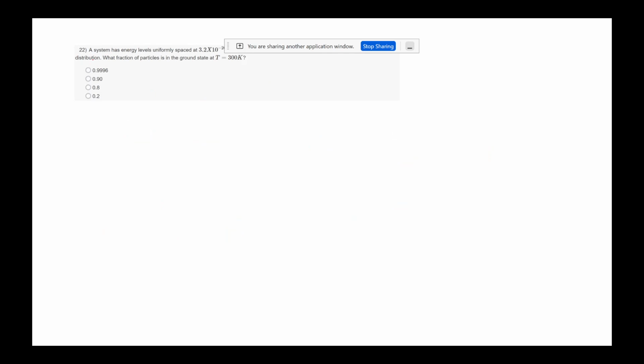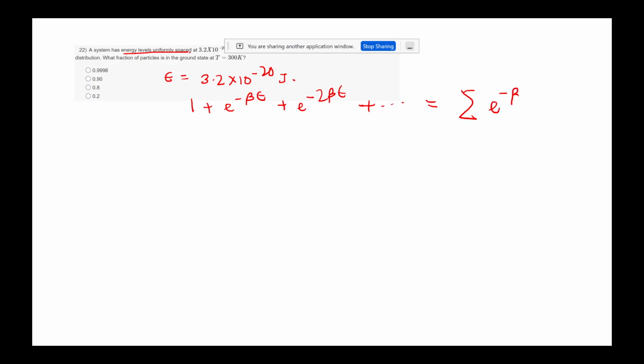To do this problem, since these energy levels are uniformly spaced, this is the spacing epsilon, which is 3.2 into 10 to the power minus 20 joule. So there will be 1, then next will be e to the power minus beta epsilon, next will be e to the power minus 2 beta epsilon, and so on. You can write it as e to the power minus n beta epsilon, where n goes from 0 to infinity.